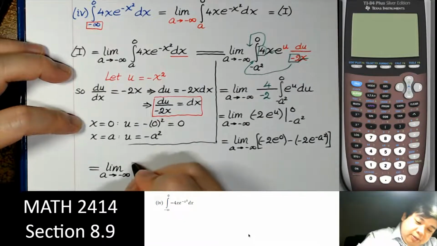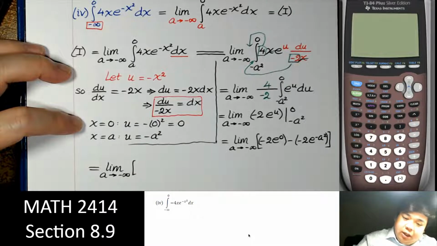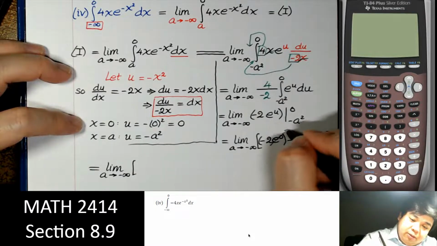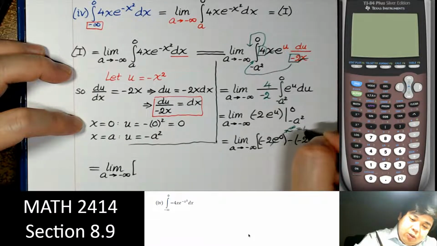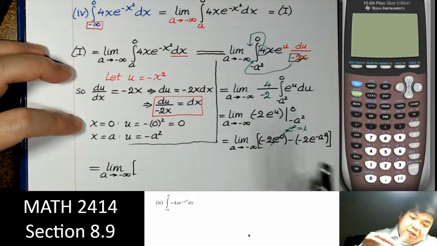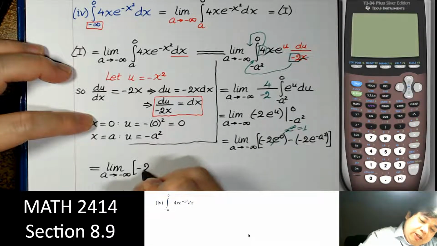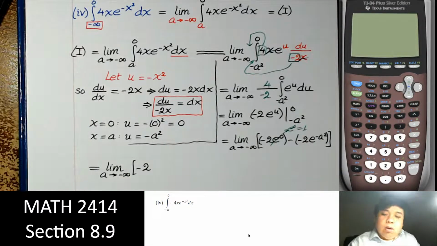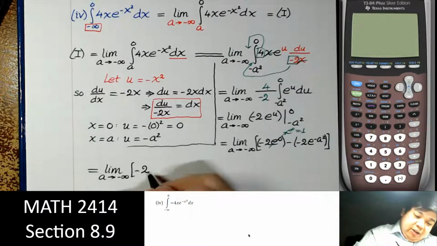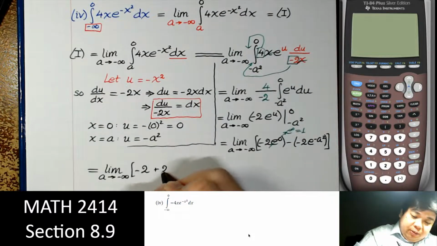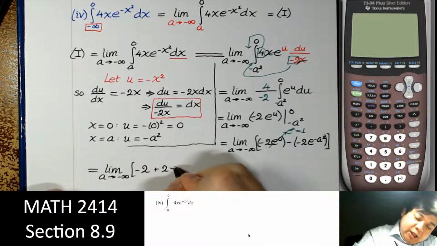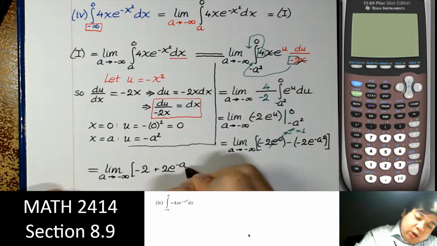Now, e to the 0 power is 1, so we just have negative 2. Negative and negative, that's plus 2 e to the negative a squared.